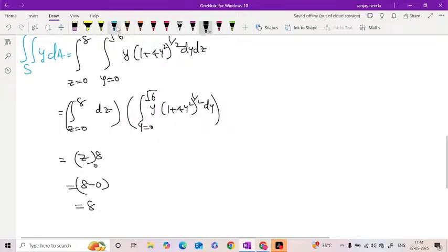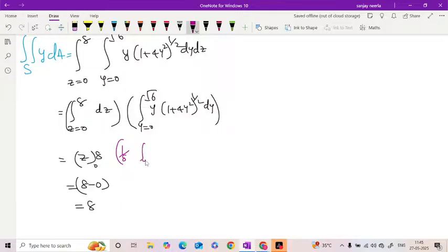Now come to the second integral. This problem we can solve by using the substitution method. The derivative of 1 plus 4y square, the differentiation of 4y square, is 8y. There is no 8y here, so we have to balance the 8. So the integral from 0 to root 6 of 8y into (1 plus 4y square) whole power 1 by 2 dy, times 1 by 8.